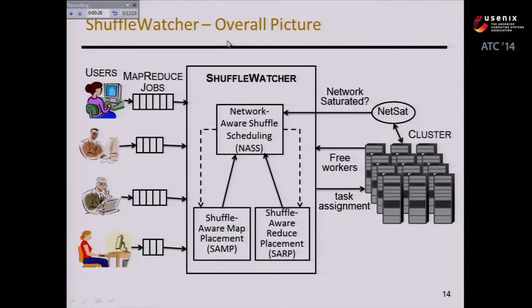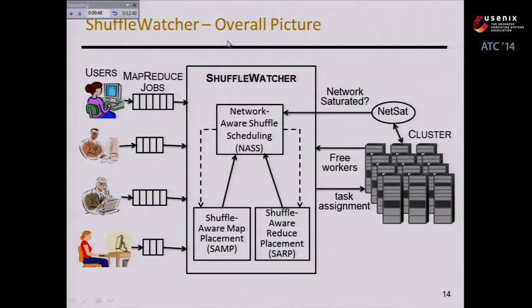It can also incorporate other jobs running in parallel with MapReduce. So it can decide whether any links or network are being saturated, and it provides that information to NAS. Based on that, NAS makes the key decision of what task to schedule at this instant, given the network condition.